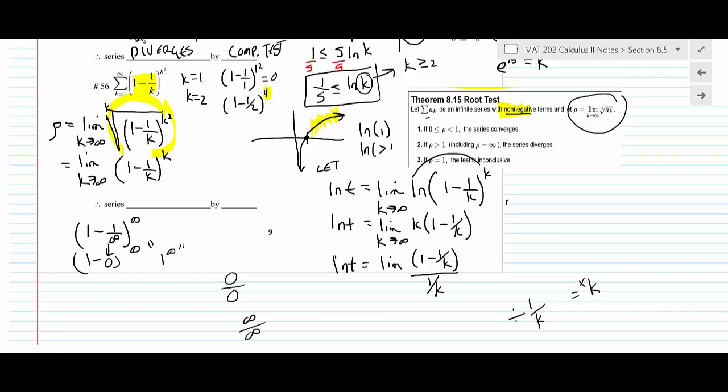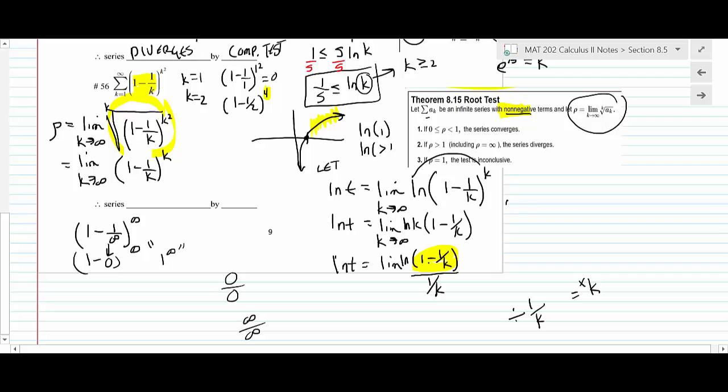Now, why did I do that? What would be the value of the limit of the numerator if k goes to infinity? Oh, hold on, I forgot about my ln. Sorry, so that needs to have an ln there. So that would be the ln of 1, right?